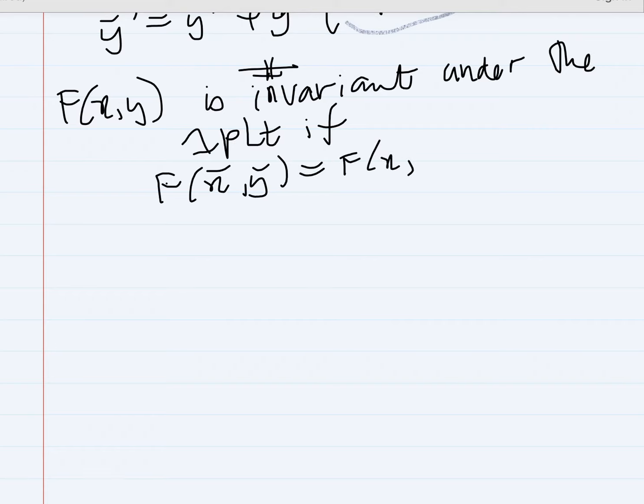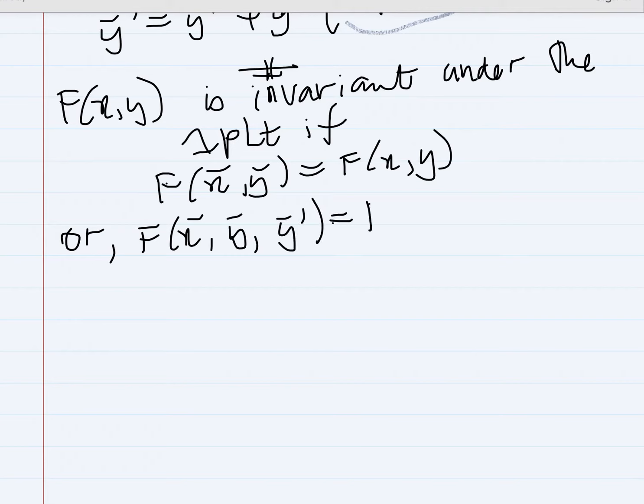Please look at the details of this in the previous chapters. And of course, we extend this to derivatives also. So if we extended this, f of x bar, y bar, y bar dashed equals that function on x, y, and y dashed, like so. This was the definition.